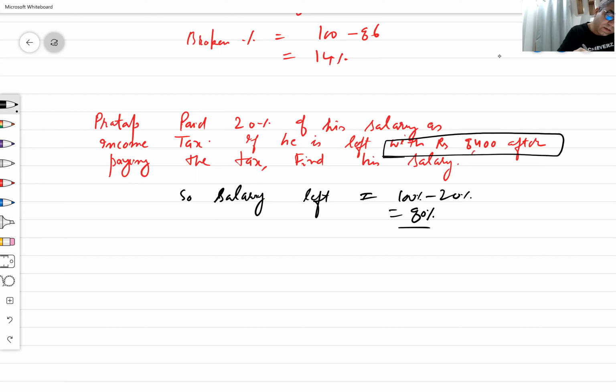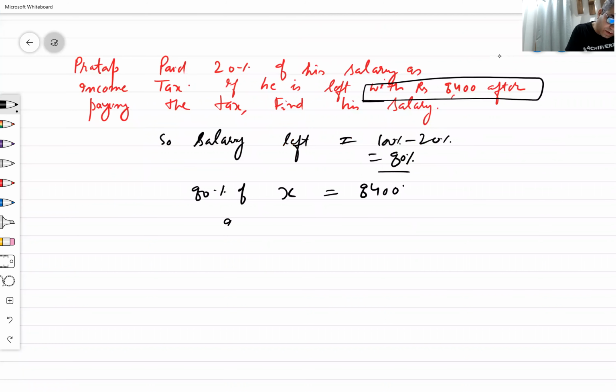This is what is written here. If he is left with 8,400, that means 80% of, let's say, salary X is equal to 8,400 rupees. So now this is easy. So 80 over 100 into X is equal to 8,400 rupees.